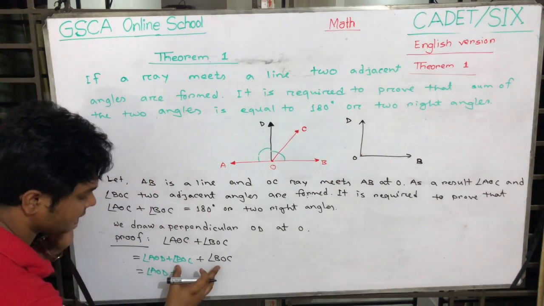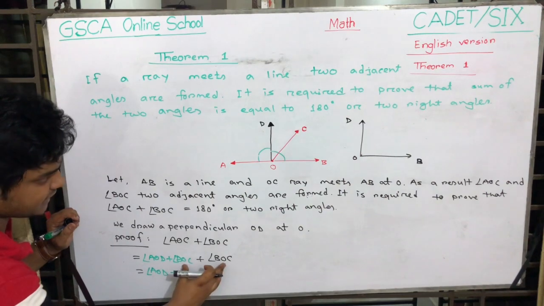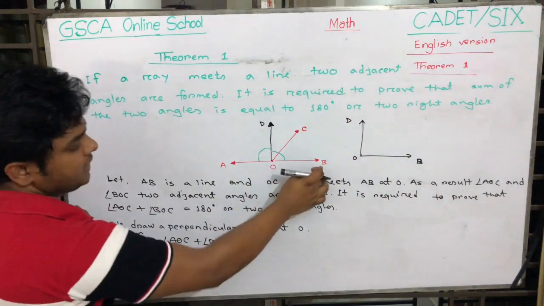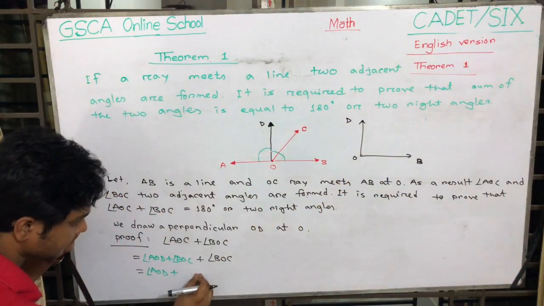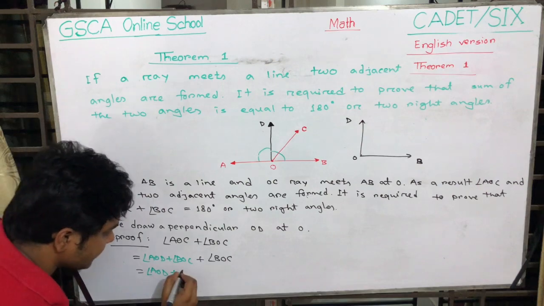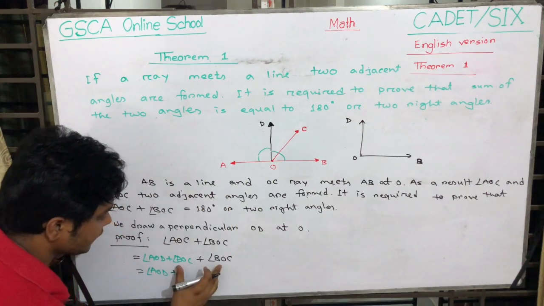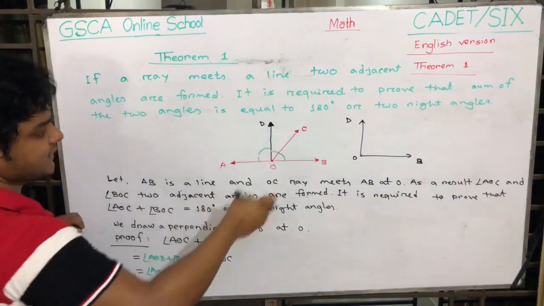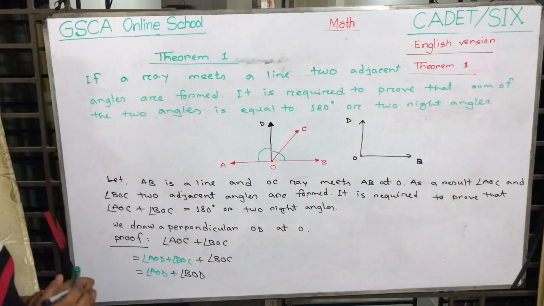So if we add these two angles, this will be called BOD.